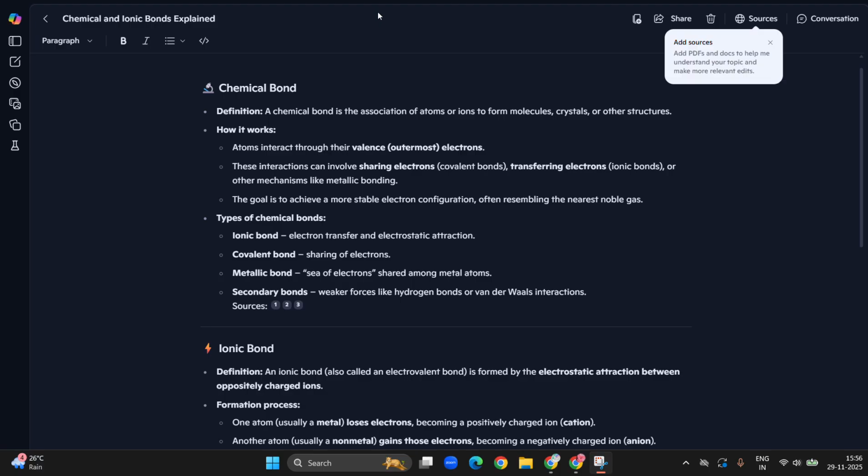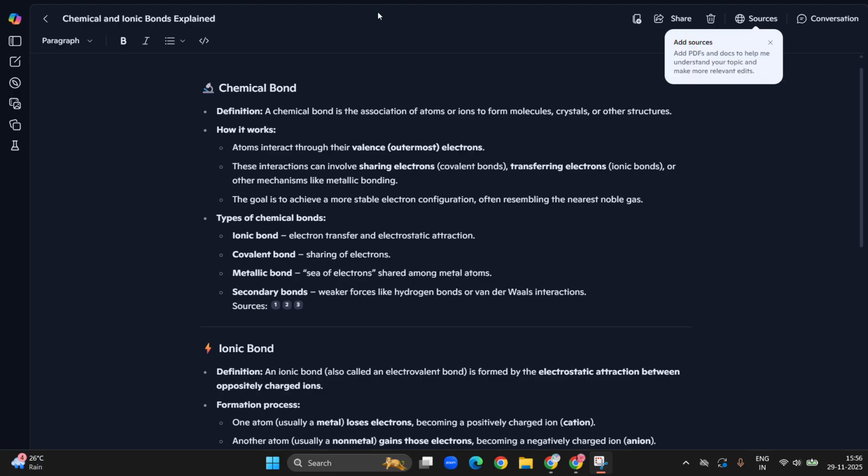So let's see how it works. The atoms interact through the valence, outermost electrons. Let's take, for example, hydrogen. Its outermost electron is 1.